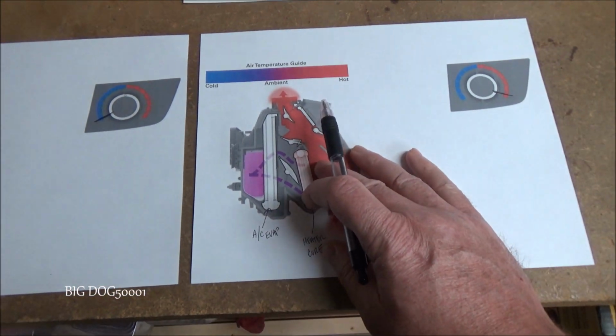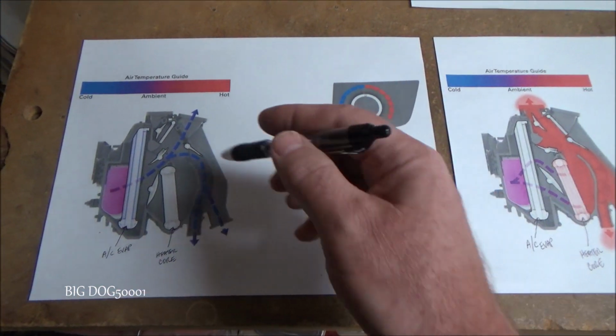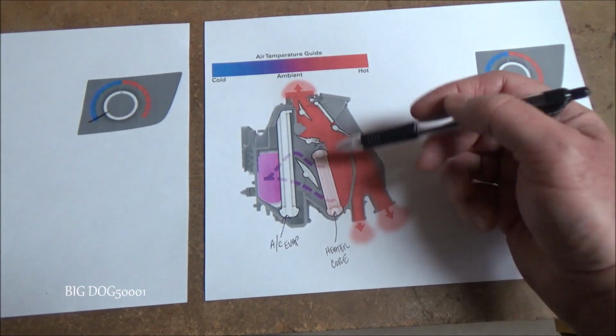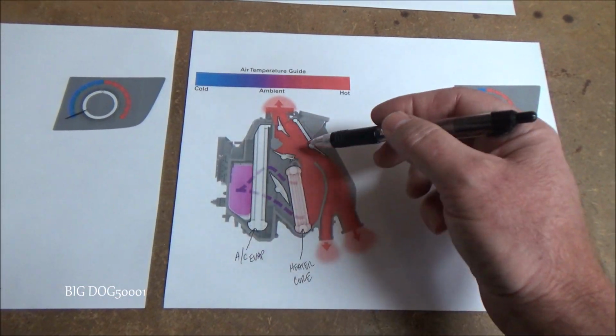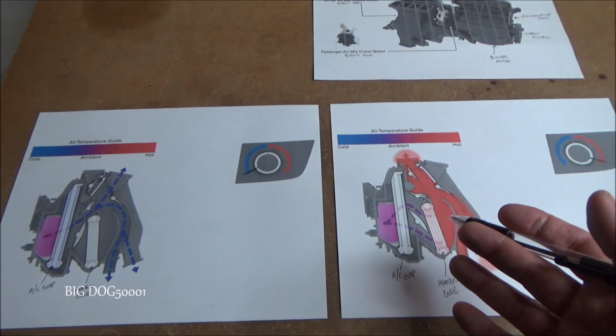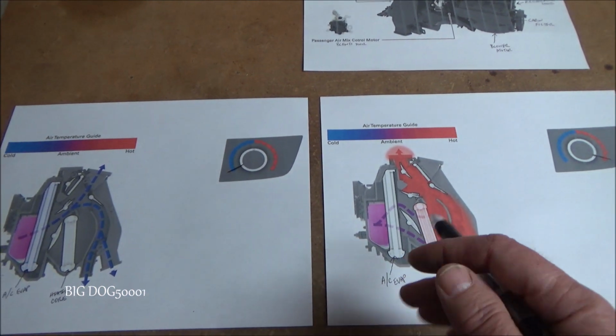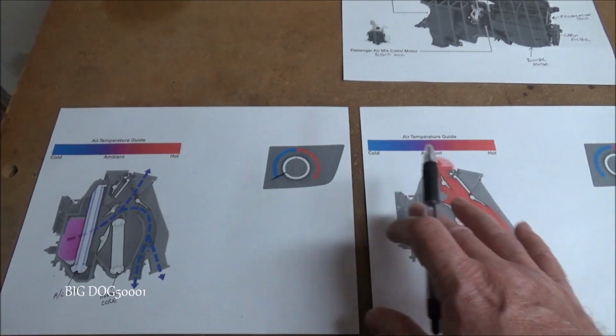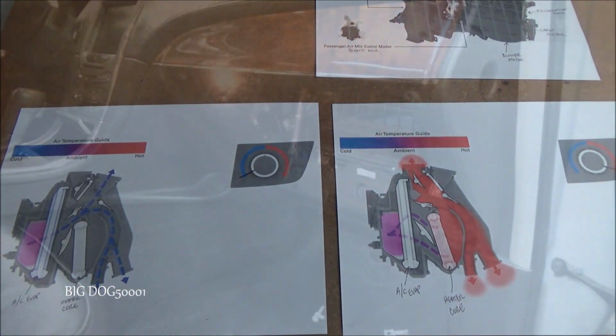Now of course, these two situations we're looking at here, this is fully cold and this is fully hot. If we just change it a little bit, we can mix it and have warm air. So that's how it works, in a nutshell. Not too complicated, but in case you've never seen the inside workings, that's how it works.